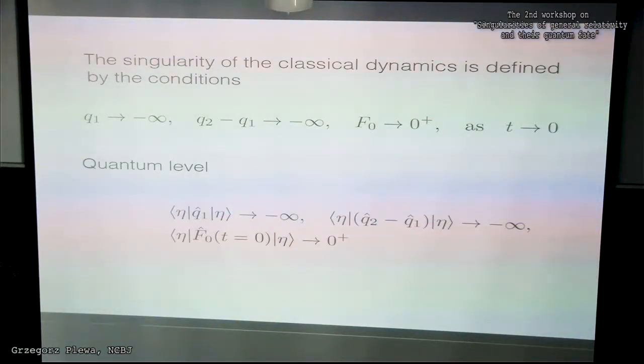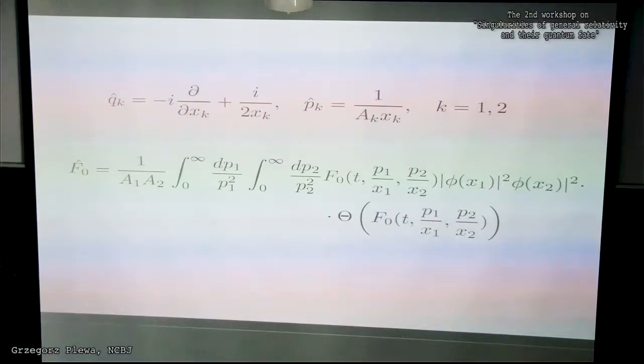One can check that, indeed, letting t equals 0, we can satisfy the third one, while the first and the second conditions are slightly more complicated.